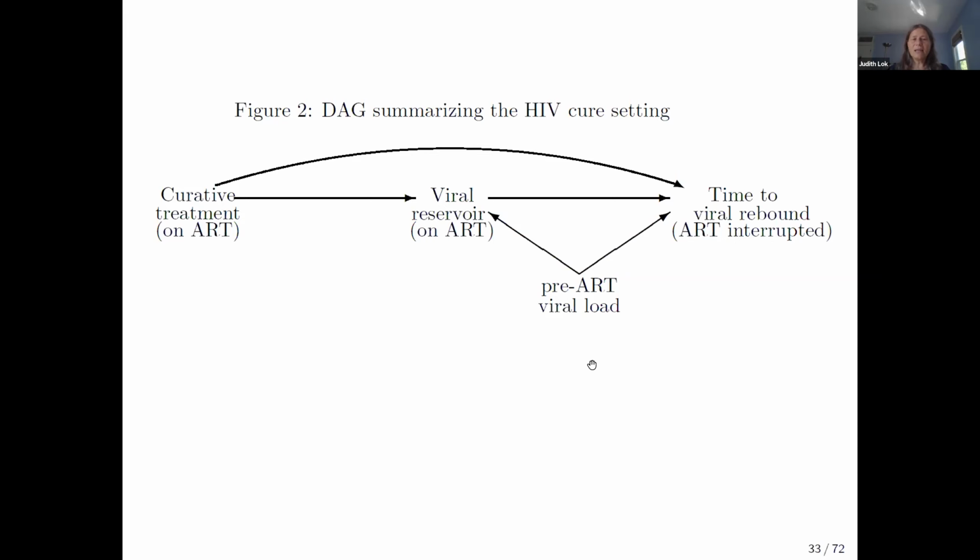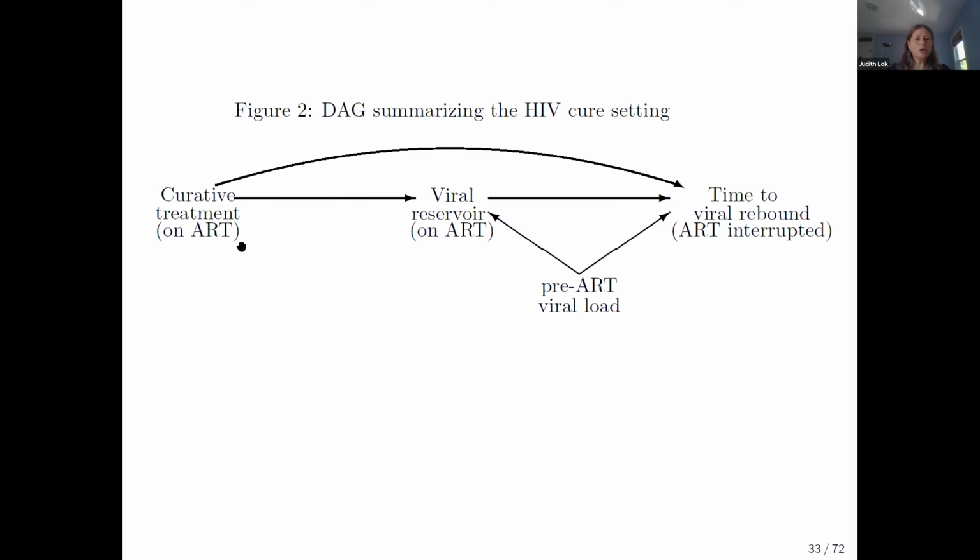But the HIV cure is aiming to attack the viral reservoir, hopefully to completely eradicate the viral reservoir, or at least make sure that the reservoir is so small that the time to viral rebound is very, very long, maybe even until never observed because patients have died from other causes.